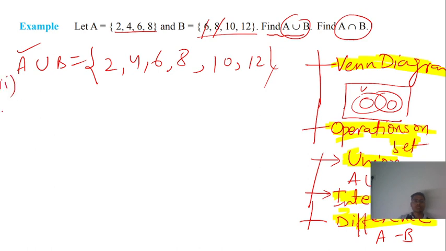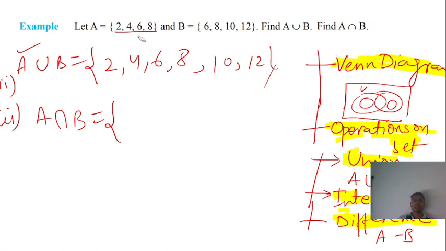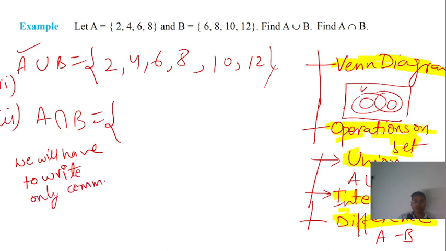The first part is complete, and now we will solve the second part. We have to find A intersection B. In A intersection B, you write only those elements which are common in A and B. So how many elements are common in sets A and B?